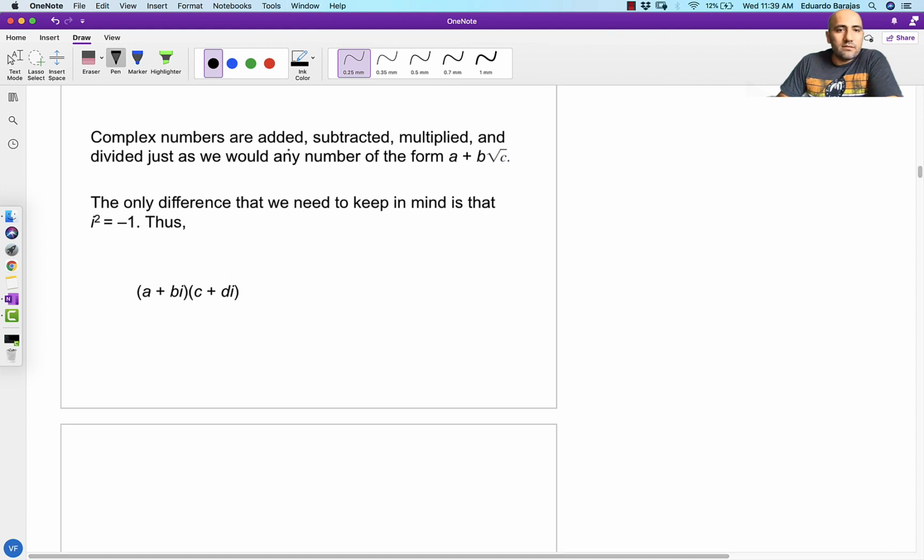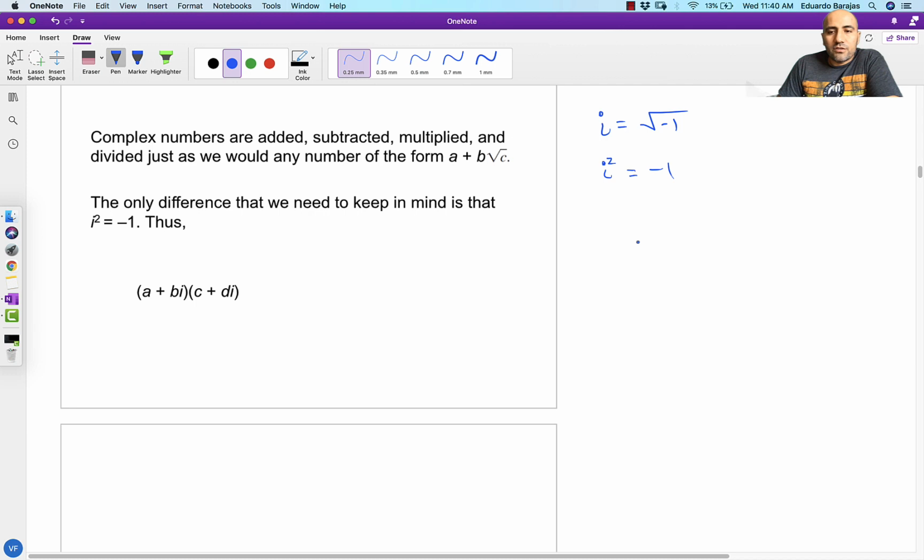Okay, so let's expand a little bit on that. So we know, of course, that by definition, i is equal to the square root of -1. And if we square both sides, we're going to get i squared is then equal to -1.